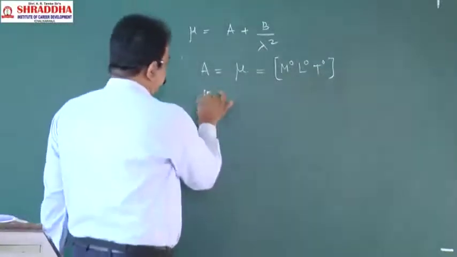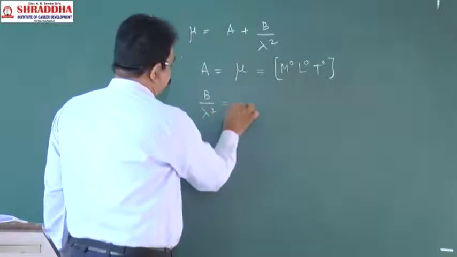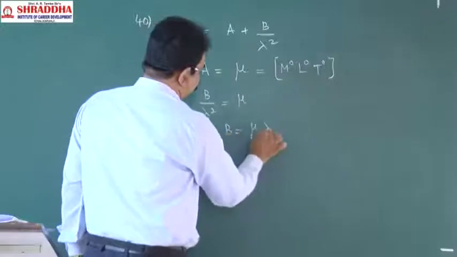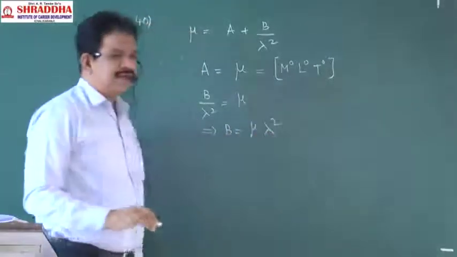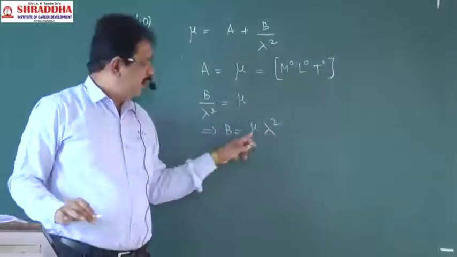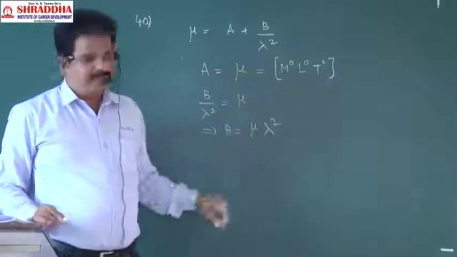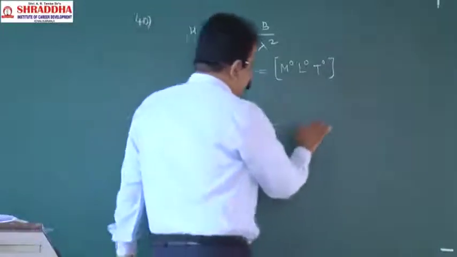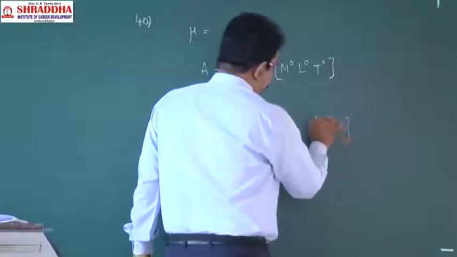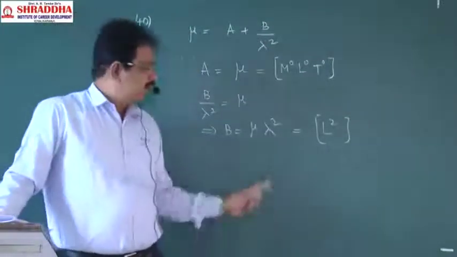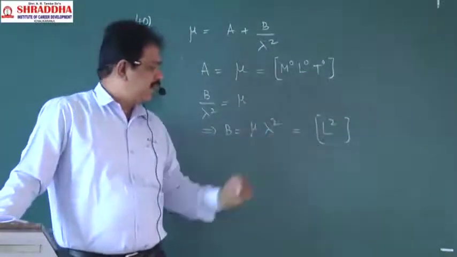In the same way, B by lambda square is equal to mu. From that, B is equal to mu lambda square. Mu is dimensionless. Lambda means wavelength. Wavelength dimensions will be L. Lambda square means L square.